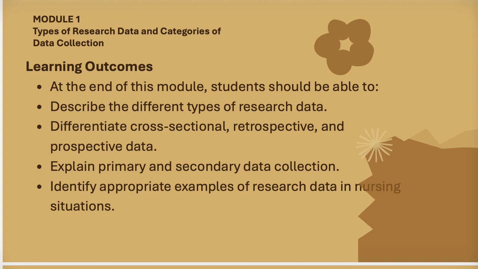What is cross-sectional data? Cross-sectional data is gathered from participants at one point or during one limited period of time. So, the researcher enters the study setting and collects information about what currently exists at that time.